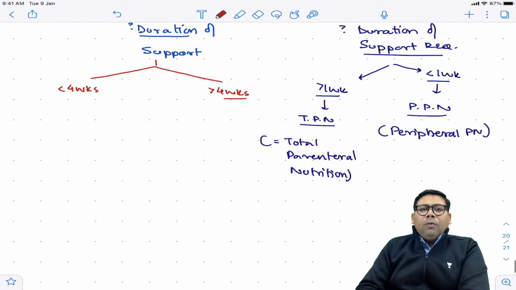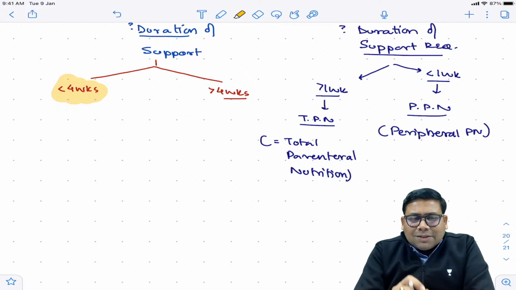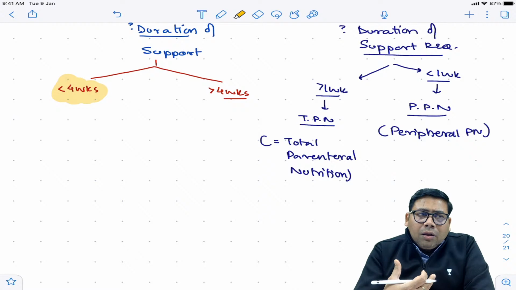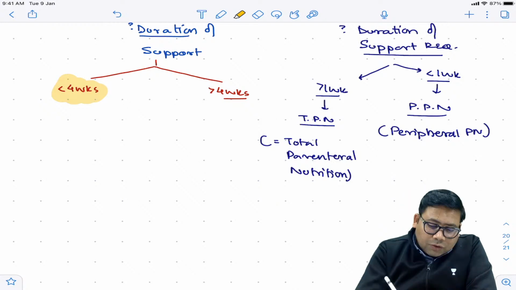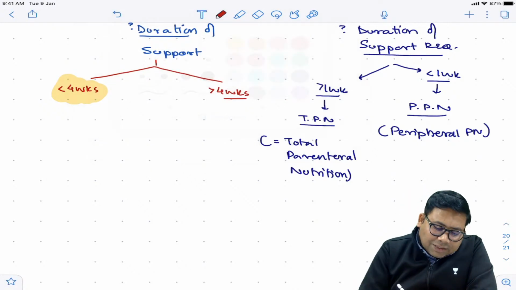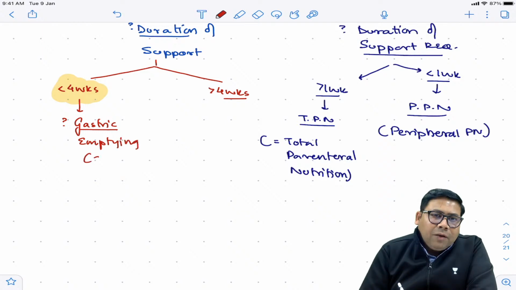Now when you are talking about less than 4 weeks, you can insert a Ryle's tube simply, but the problem is, if the patient does not have good gastric emptying, that is, the stomach has not been able to empty its content, there is an increased risk of aspiration pneumonitis, or the what syndrome? Mendelson syndrome. So remember, if it is less than 4 weeks, you need to assess the gastric emptying, or GE.